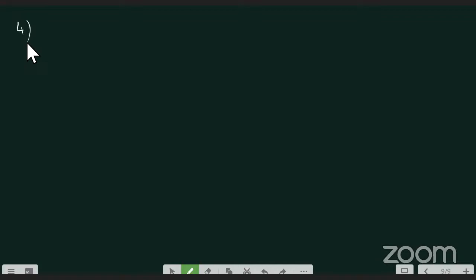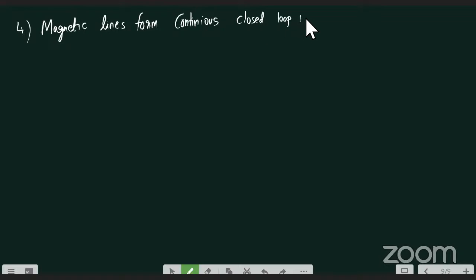Magnetic lines form continuous closed loop. The question is why? Why do magnetic field lines always form closed loops?